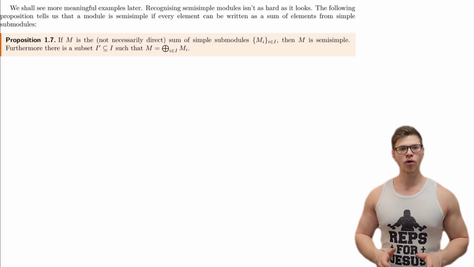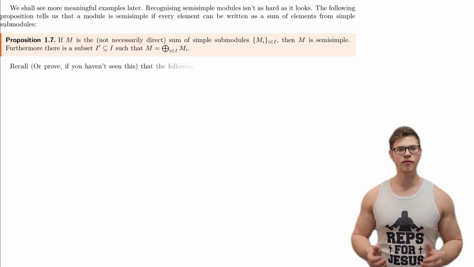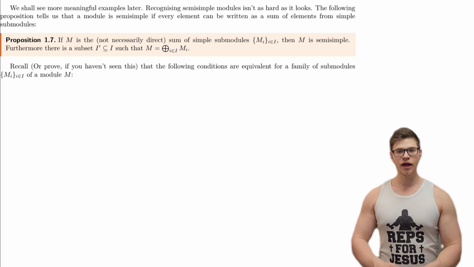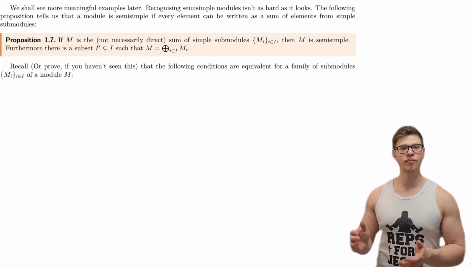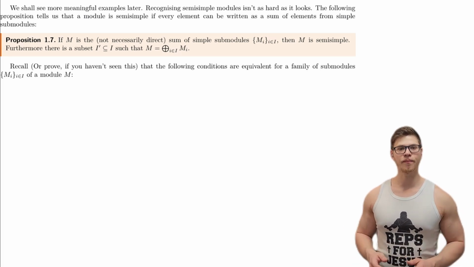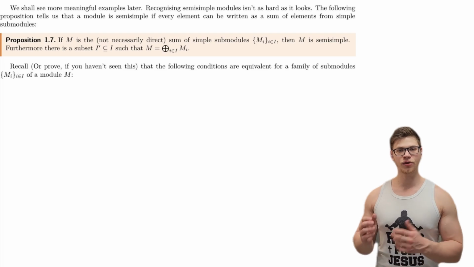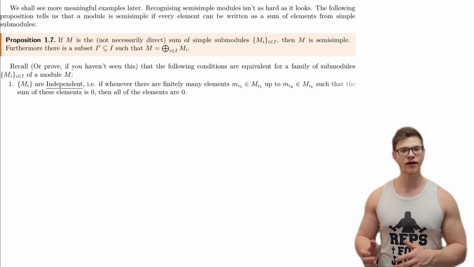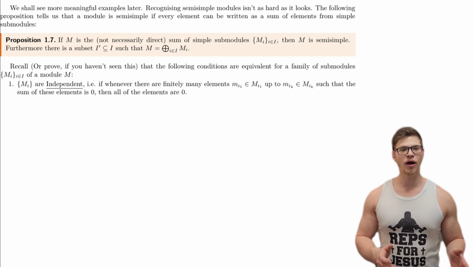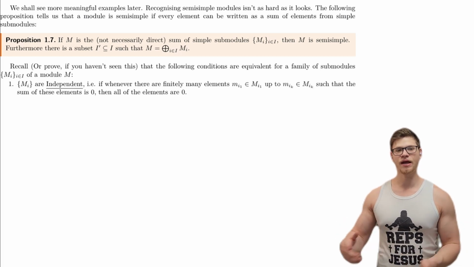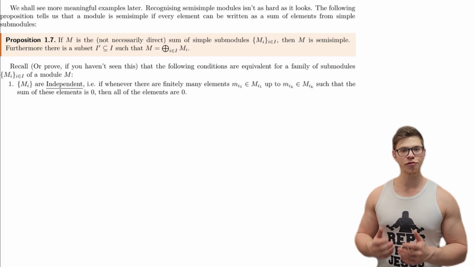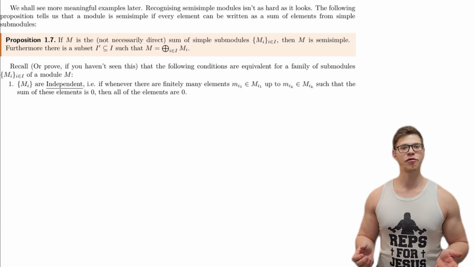Recall or prove, if you haven't seen this before, that the following conditions are equivalent for a family of submodules, here not necessarily simple, indexed by some index set capital I of a module M. First, the M_i are independent, i.e. whenever there are finitely many elements, m_{i1} in M_{i1} up to m_{ik} in M_{ik}, such that the sum of these elements is 0, then all of the elements are 0.